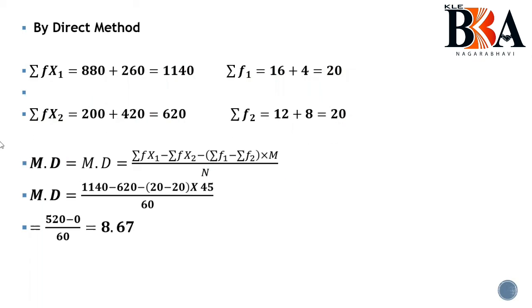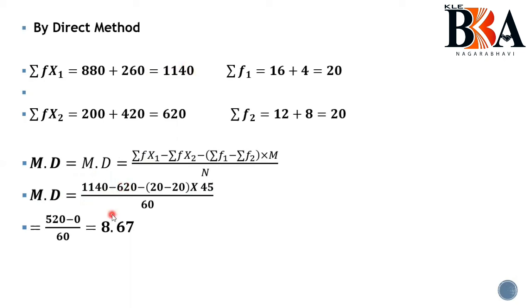The formula lies like this: mean deviation equals summation of fx1 minus summation of fx2 minus summation of f1 minus summation of f2 into median. Here the problem goes for the median, so I have to go through the median. Fine. So mean deviation equals 1140 minus 620.